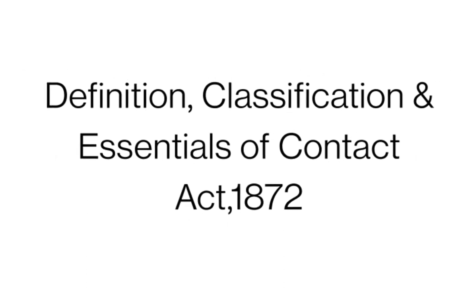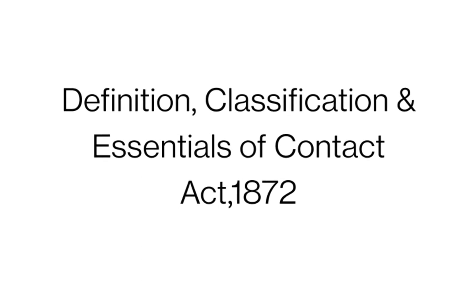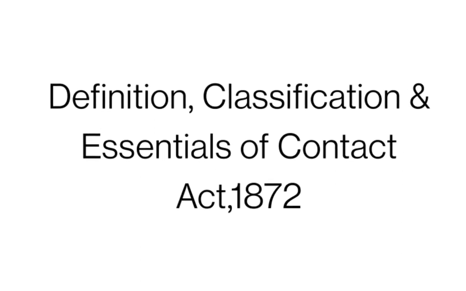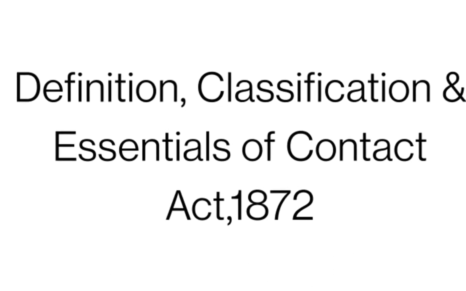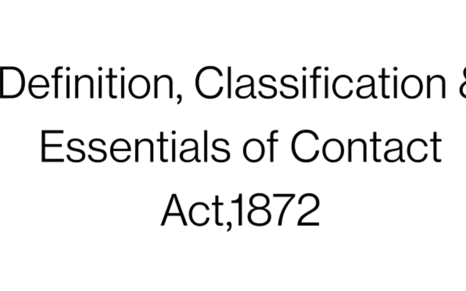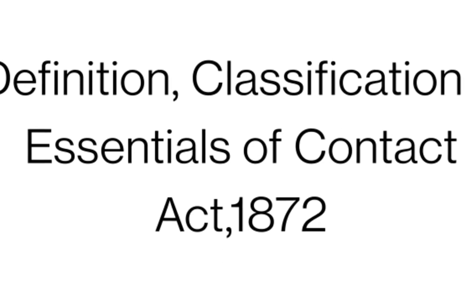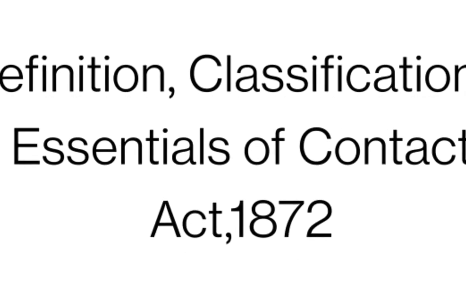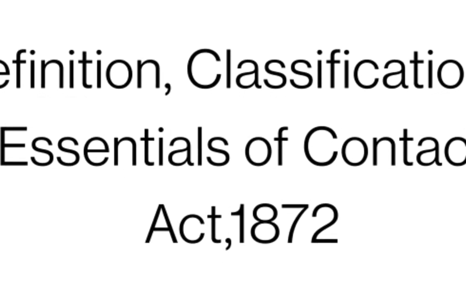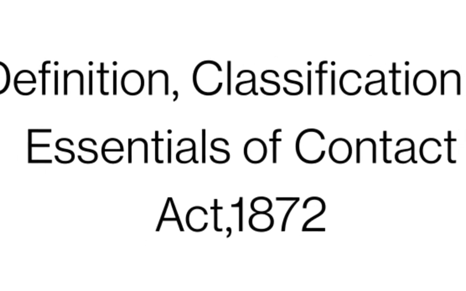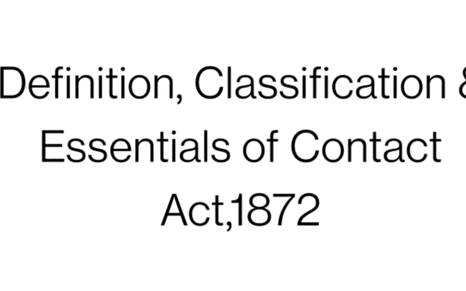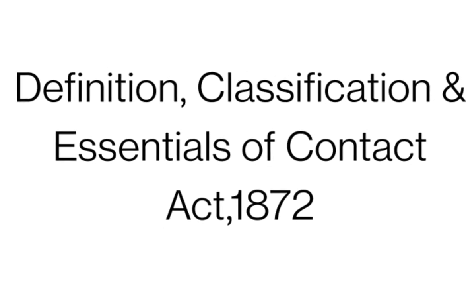Now come the most essential elements of the Indian Contract Act. When we say that there is a contract, it must have some essential elements. I will tell you these elements in a very shortcut manner for your revision. There must be an agreement. That means it involves parties, one party making the offer and the other party accepting it.